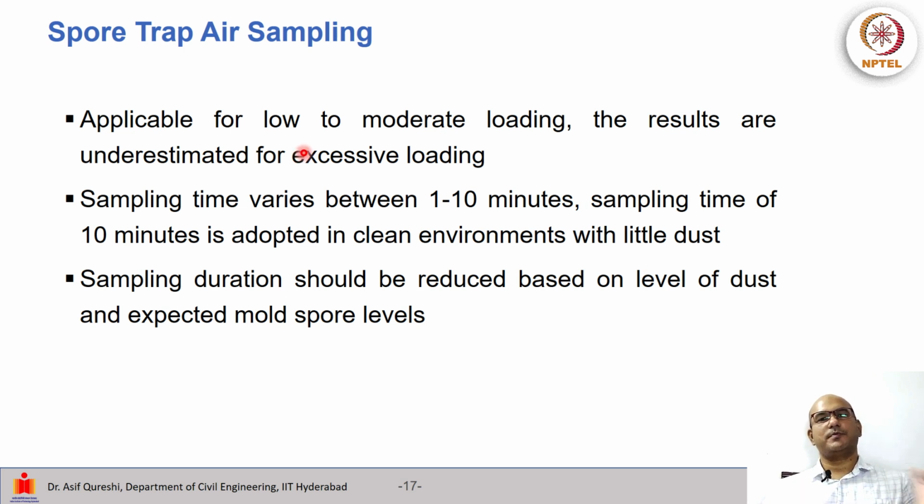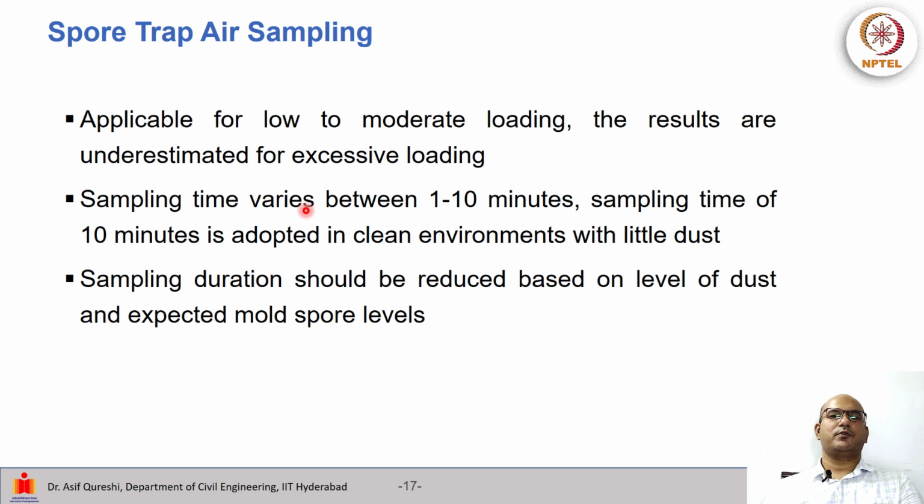If we have too much biological material, all the sampling sites will be saturated. All the sites where the material has to stick will be saturated because we have too much material. So a lot of the biological material will not get attached, and therefore the results will be underestimated. Therefore, generally this sampling method is applicable for low to moderate loadings.